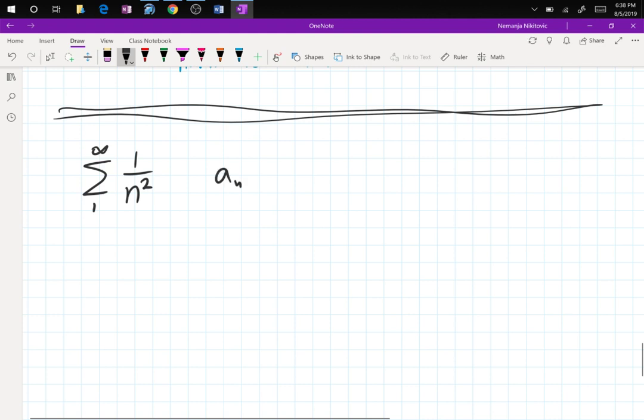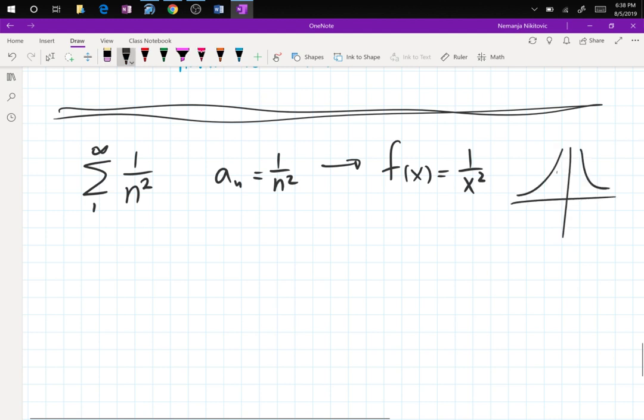We extract that a_n, which is a sequence, is 1 over n squared, from where we claim that f of x is equal to 1 over x squared. Now, if you don't know the graph for this, you should, but let's say we don't know it.